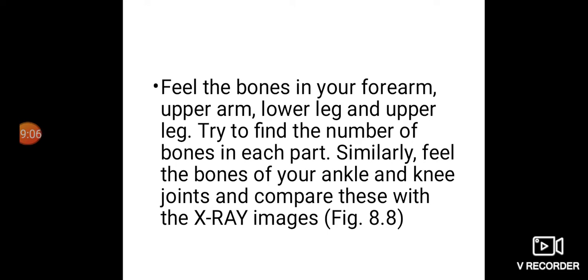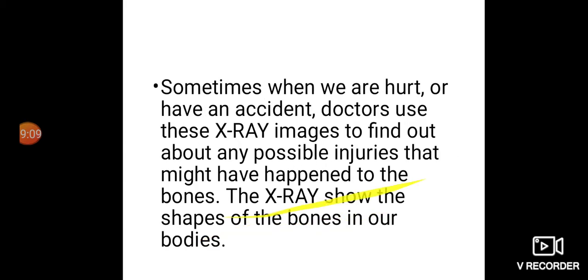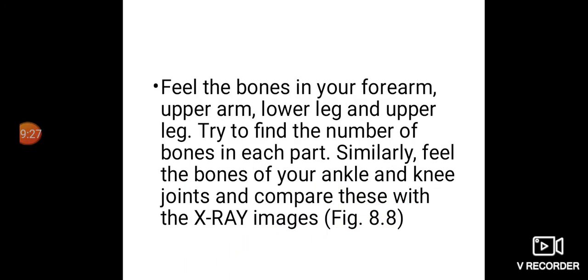I'll show you in figure 8.7. This is the upper arm, this is the lower arm, and these are the legs. So you see, try to find the number of bones in each part and feel the bones of your ankle and knee joint.